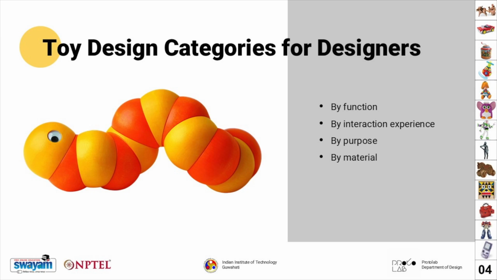These are simple, intuitive, and may map directly to design decisions. Let us start with toys based on what they do, their function. This is one of the easiest ways to understand the diversity of toys.